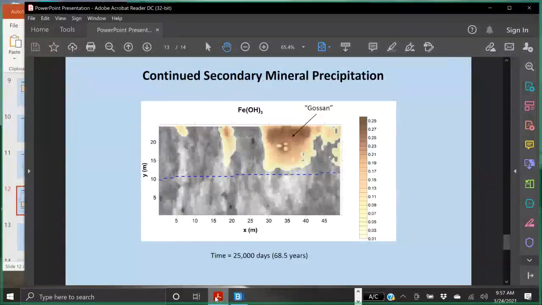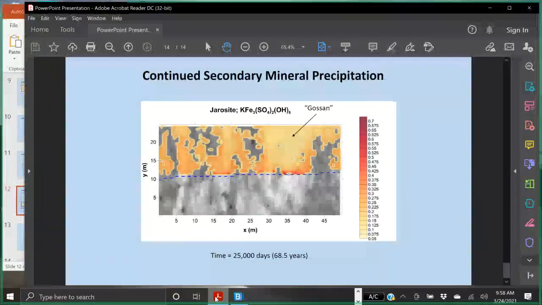Let's have a quick look at the distribution of the weathering products. Here is the distribution of iron oxide created from the oxidation of primary pyrite in the vadose zone. And here is jarosite, which is a bit more widespread up in the vadose zone.